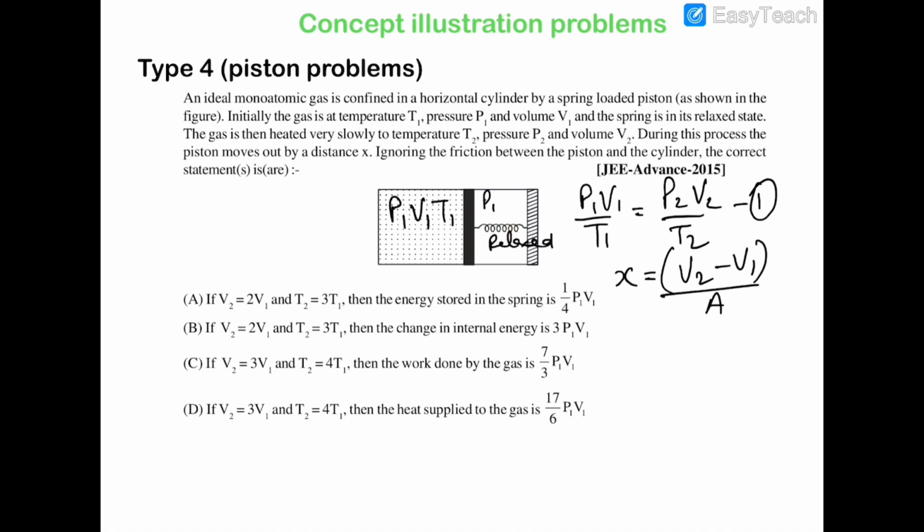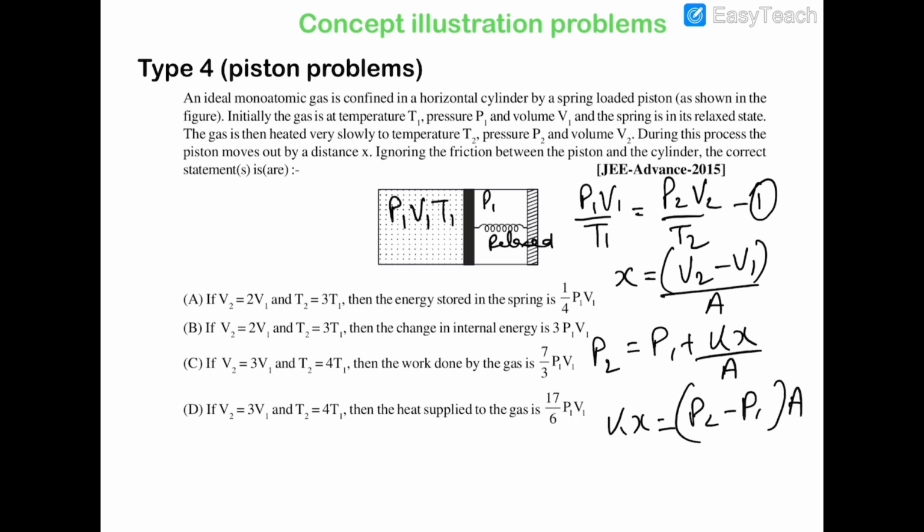So we can write the equation as P2 of the gas will be equal to P1 plus Kx upon area. So Kx is equal to P2 minus P1 into area, and K from this equation will be equal to P2 minus P1 into area by x. This is the value of K.